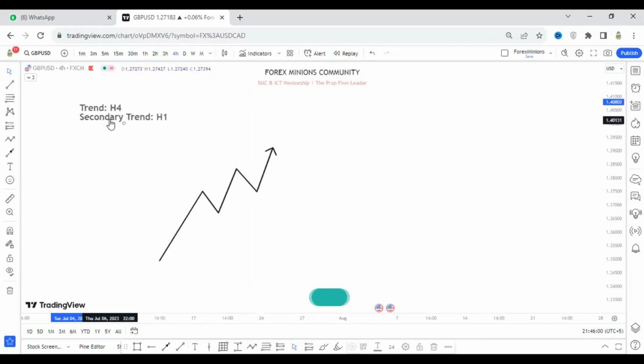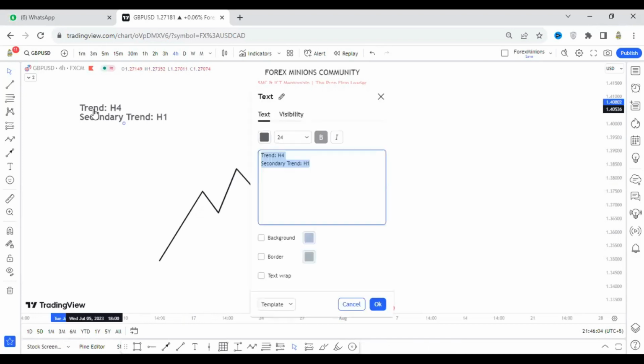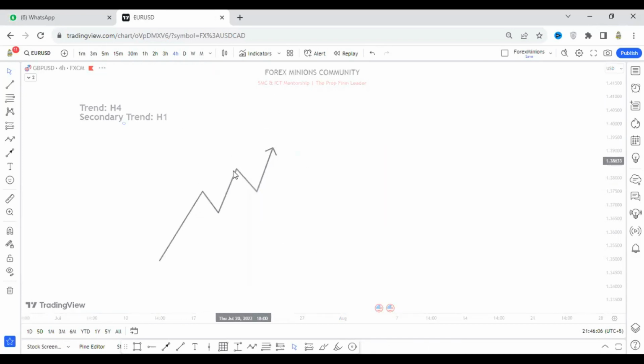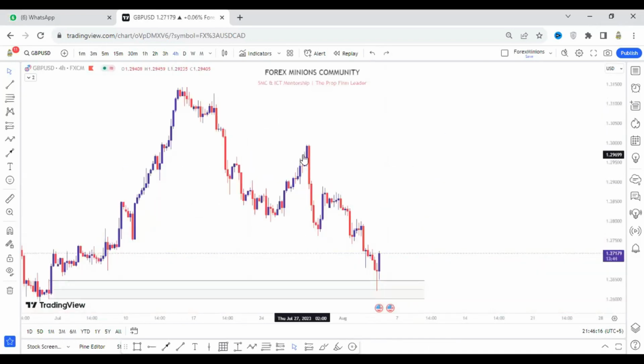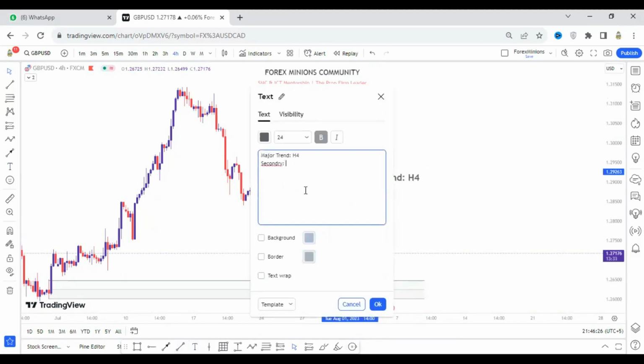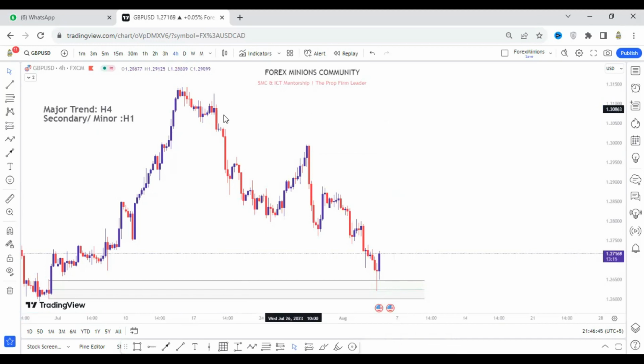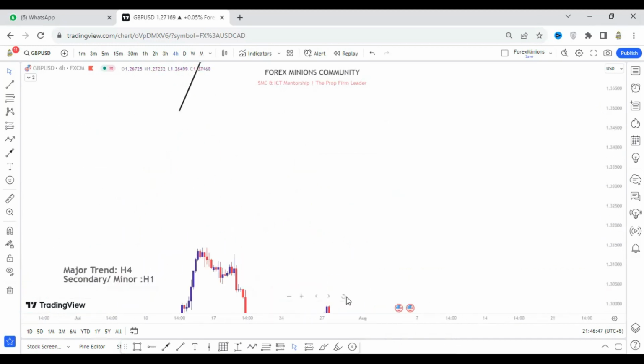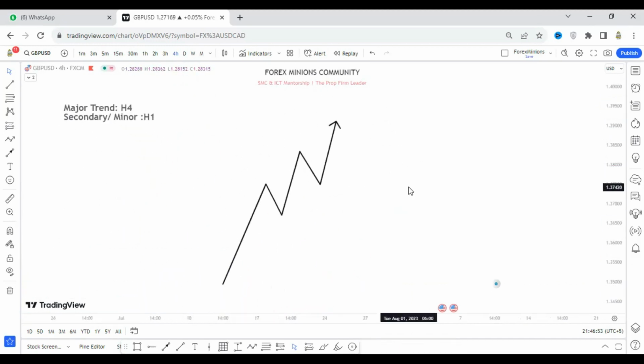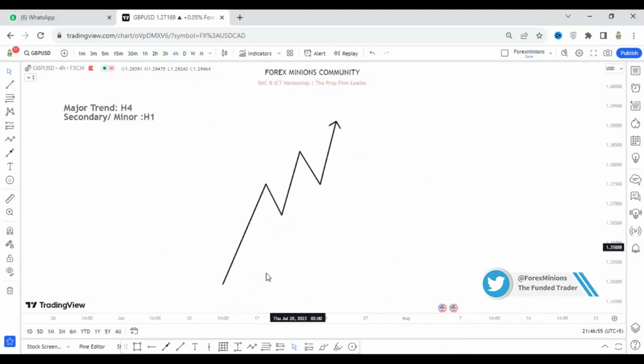What does it mean by secondary trend? The first trend, the major trend, let me type it for you. So this is the first thing we need to do. The trend is bullish, for example.